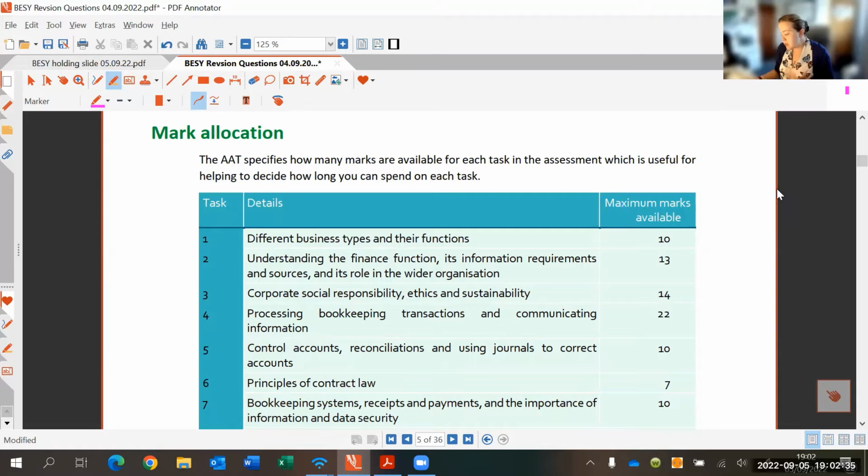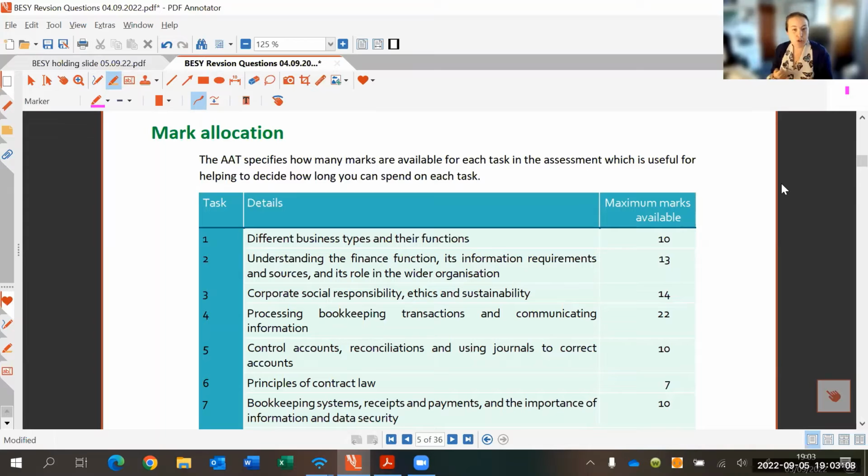For those of you that were familiar with the 2016 version of the syllabus that was before this one, you did have a synoptic exam to do for that, and this business environment unit is still a synoptic exam of sorts, so it will pull in knowledge from the other units on this qualification, which is why we would probably advise you sit this towards the end of your level 2 journey.